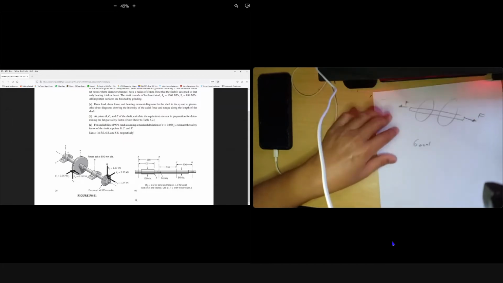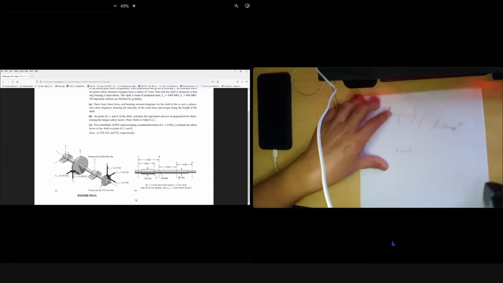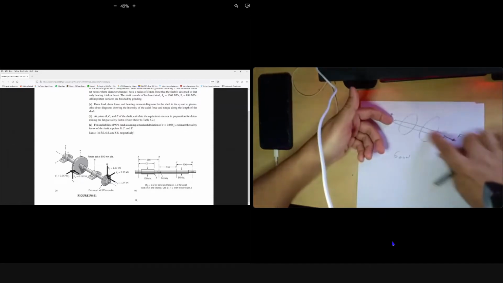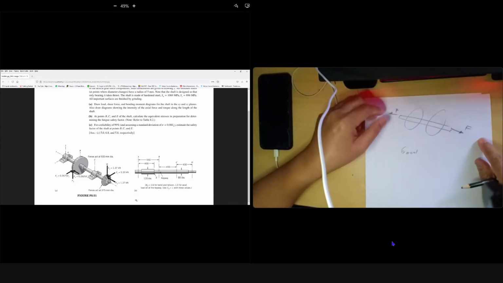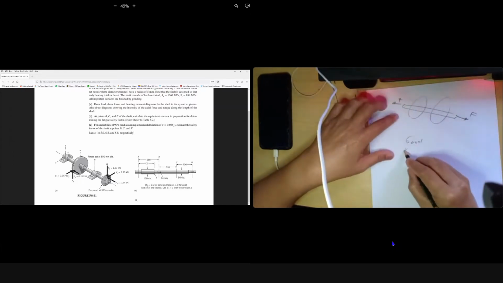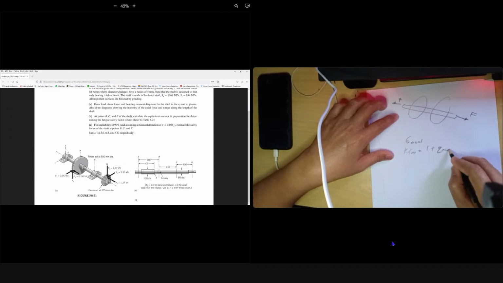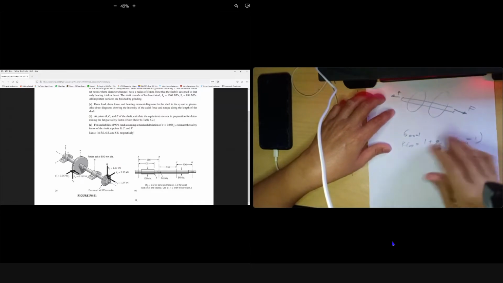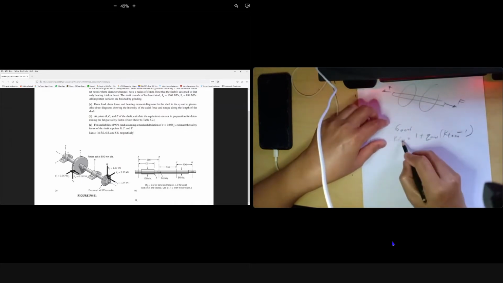Sometimes the question is, like we discussed, along the shaft, everything axial is the same. If you have axial force, you have to find KF axial: 1 plus Q axial times (KT axial minus 1). I hope you know this.